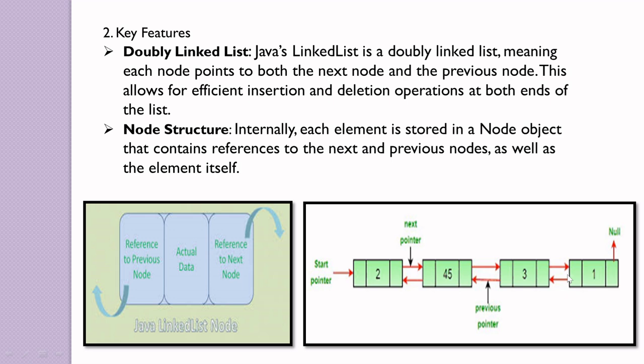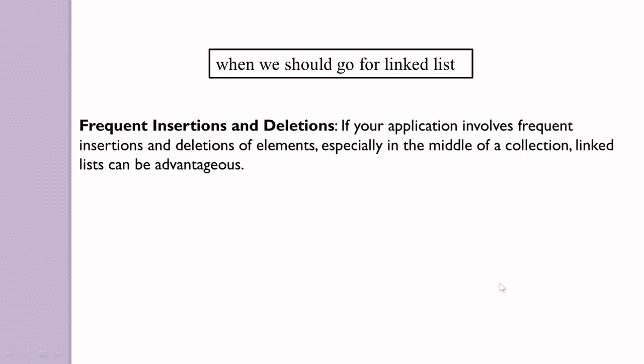For this reason we can perform operations at both ends, front and back, and we can insert and delete effectively because it is double ended. So when should we go for linked list? When our frequent operations are insertion and deletion, then we should go for linked list.